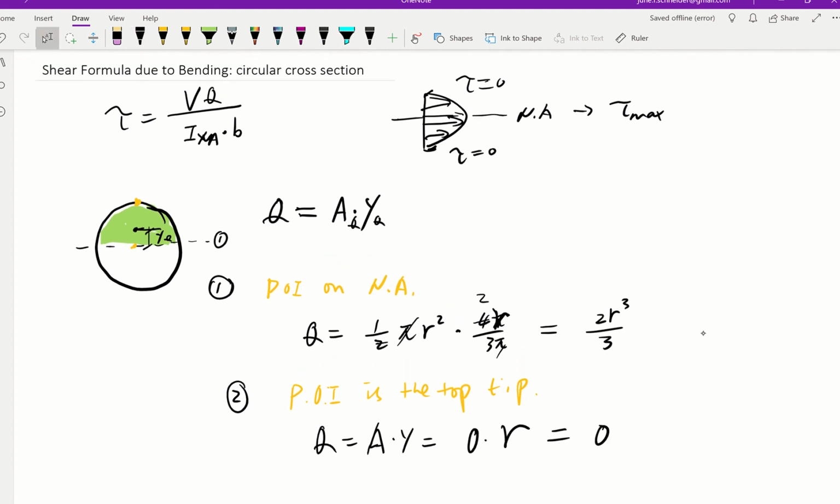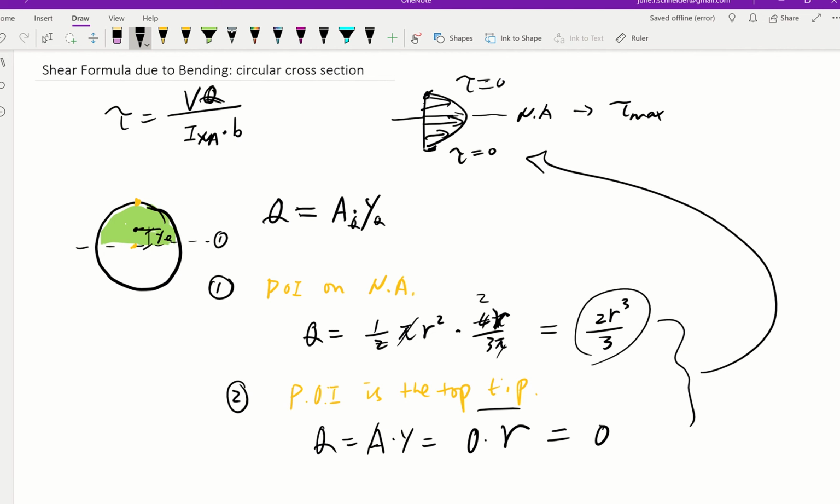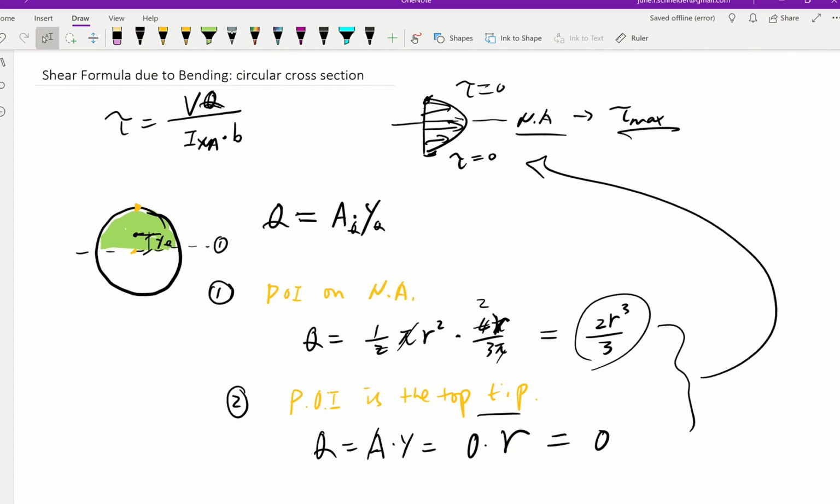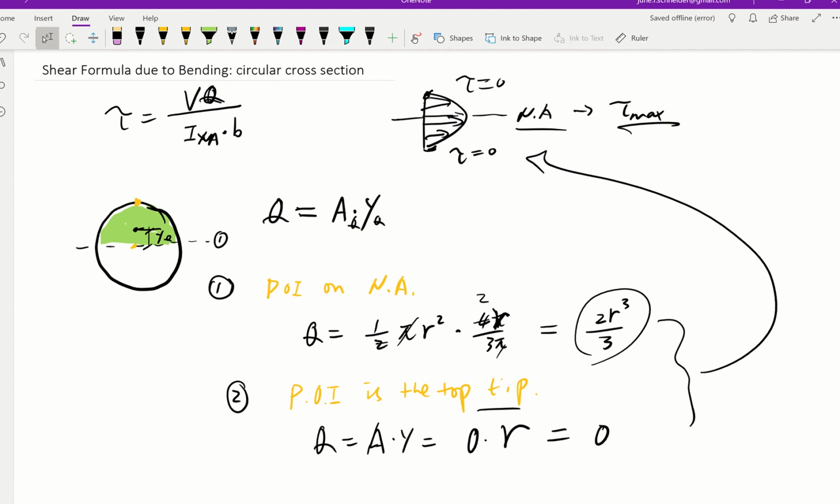That matches up with this profile, because at the tip your tau is equal to 0 because Q is equal to 0. However, if it's on the neutral axis, this Q is the greatest. Therefore, we get our maximum shear at the neutral axis. Okay, so that's for this problem.